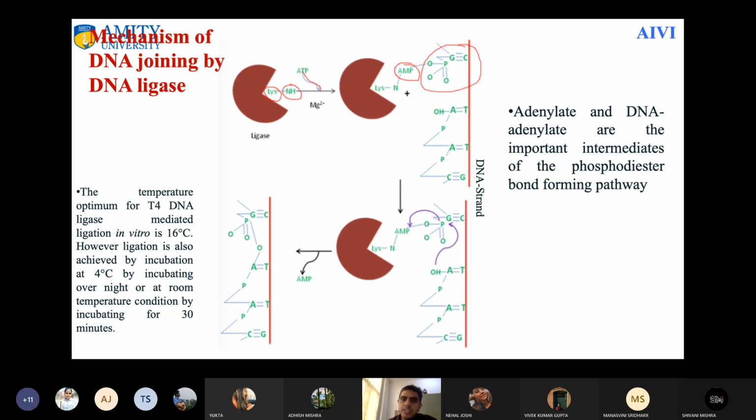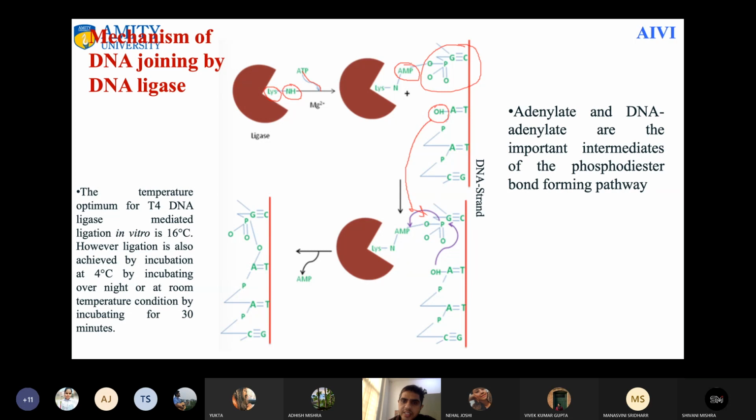So now this is called the activated enzyme DNA complex. Now what is going to occur at the next step? To this complex, now the 3' OH is there. This 3' OH is going to serve as a nucleophile, and it is going to attack here.